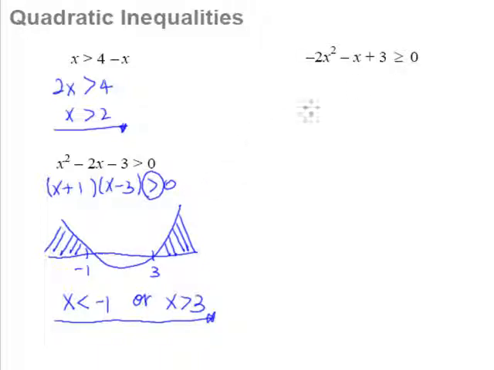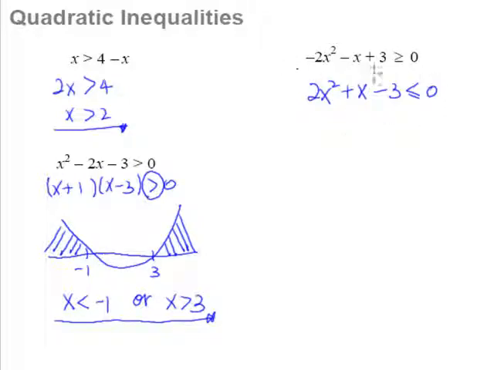Now this quadratic inequality here, as you may notice, the first thing that catches your eye must be this -2. This is a maximum quadratic expression. So the first thing that I would do is multiply throughout by -1, so that I'll end up with 2x squared plus x minus 3 less than or equal to 0.